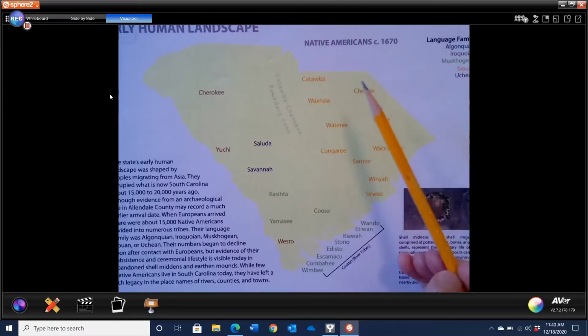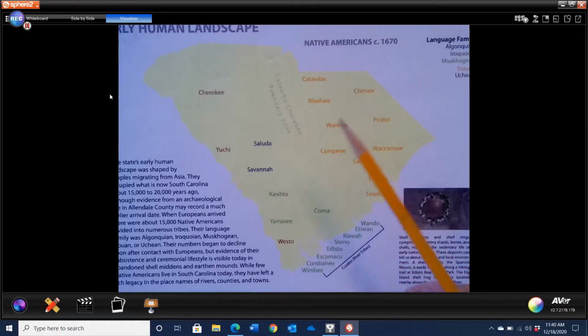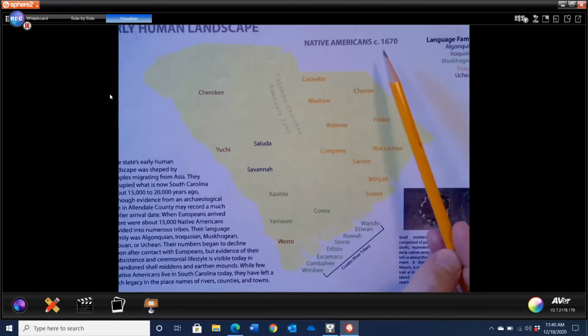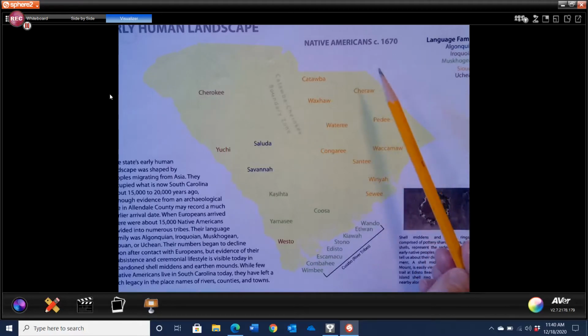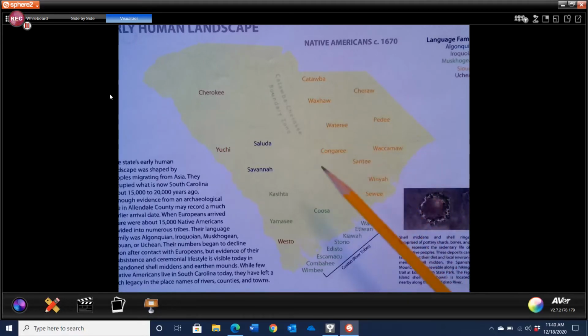Now, we know the Native groups were living here for many years prior to this, but the reason that this year was likely chosen is that this is when Charlestown became a city that was settled as part of the colony of Carolina, and people started arriving to settle and colonize the area.